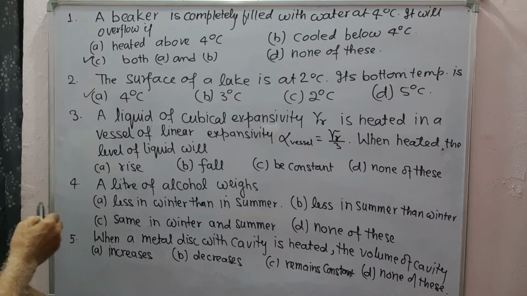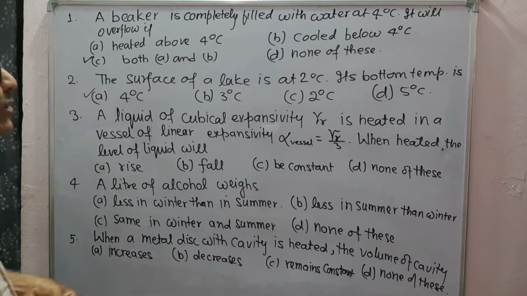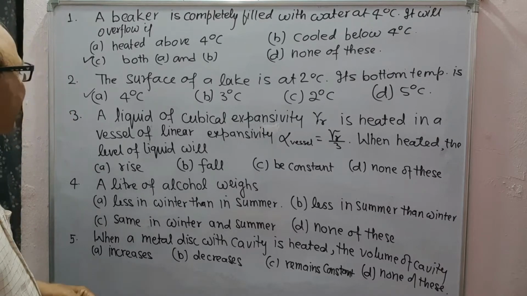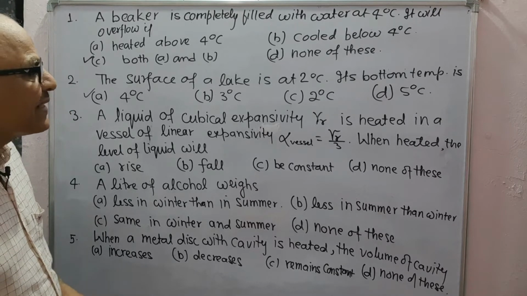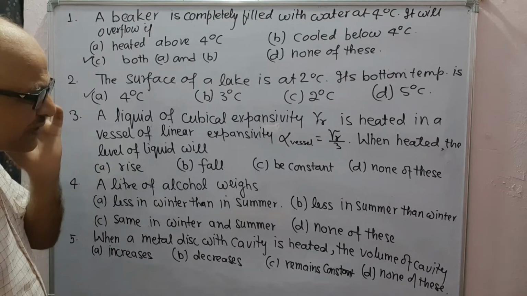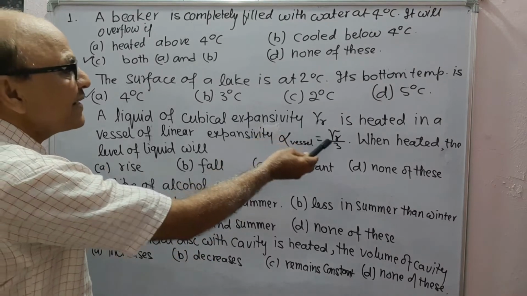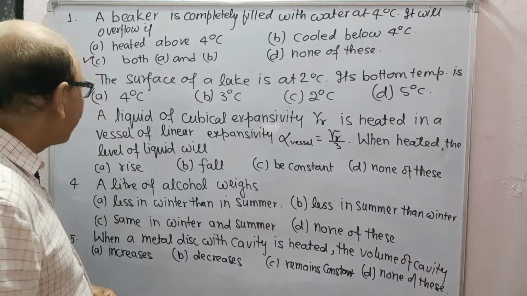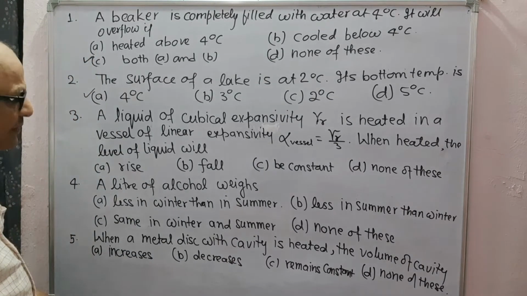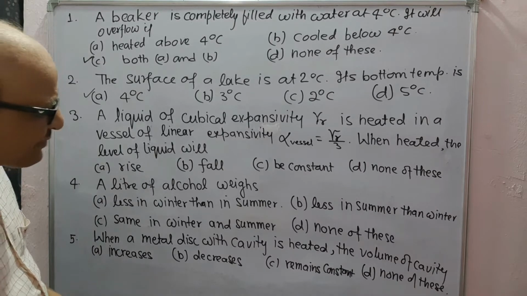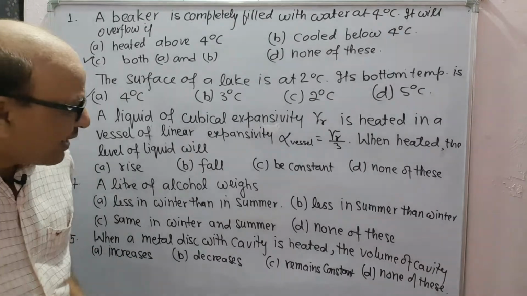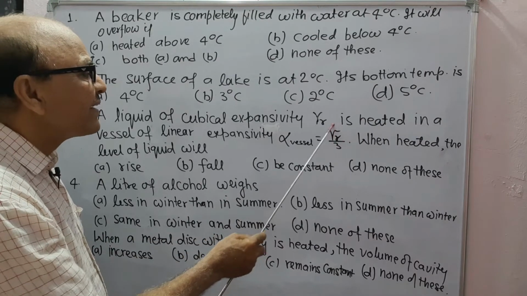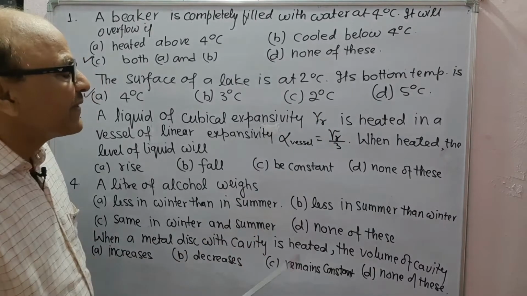Next, a liquid of cubical expansivity gamma real is heated in a vessel of linear expansivity alpha vessel, which is equal to 1/3 gamma real. When heated, the level of the liquid will, these are the options. Here alpha vessel is 1/3 gamma real of the liquid.